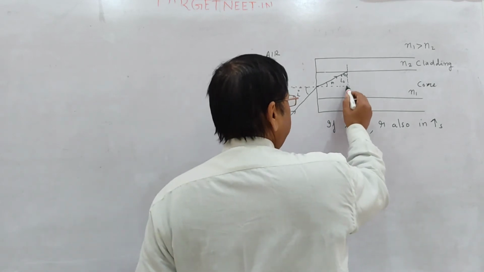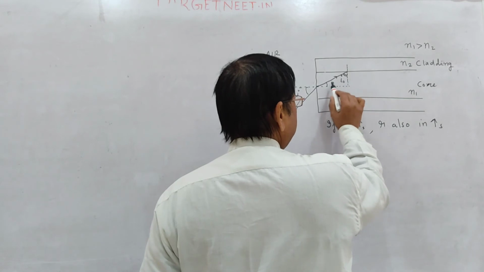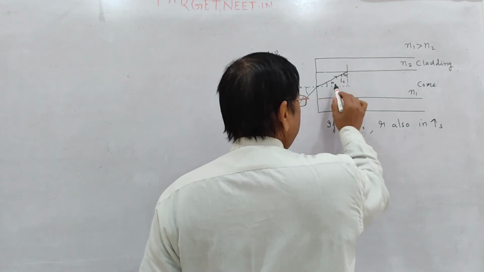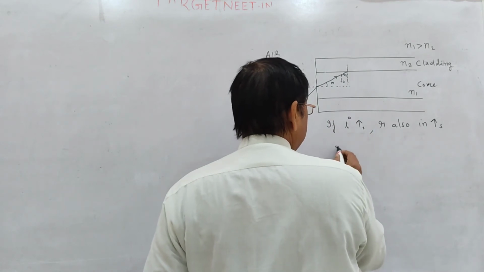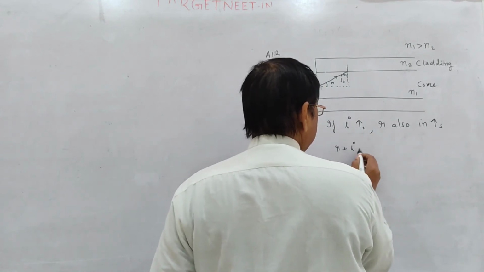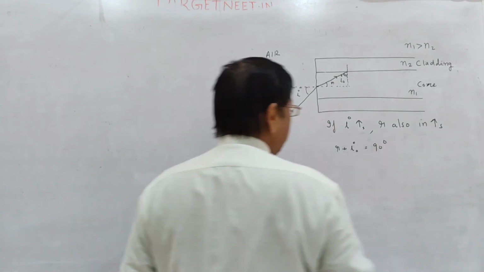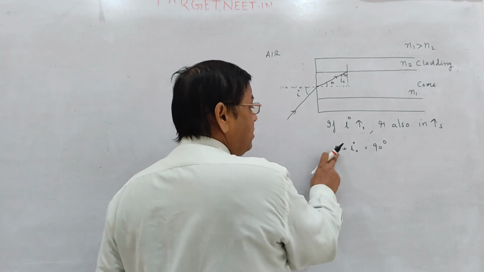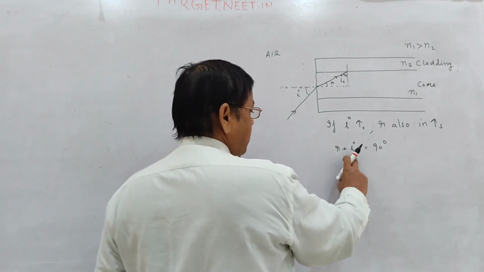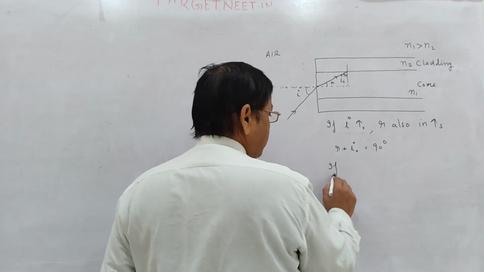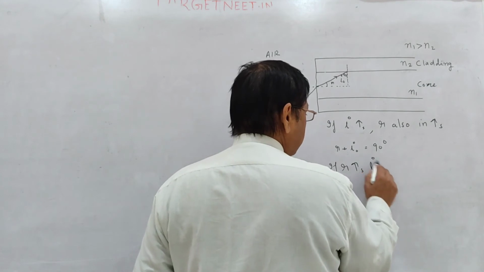Then this angle is 90 degrees, this angle is R, this angle is I naught. So from the triangle we know that the sum of R and I naught is constant, and that is 90 degrees. So if R increases, then I naught decreases.